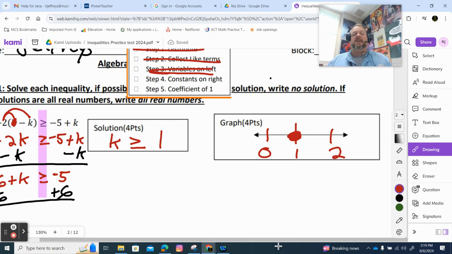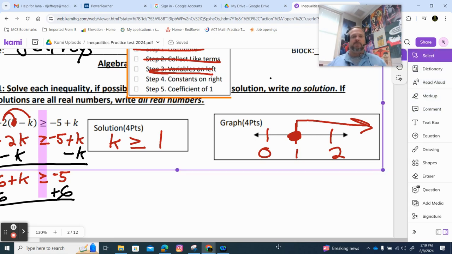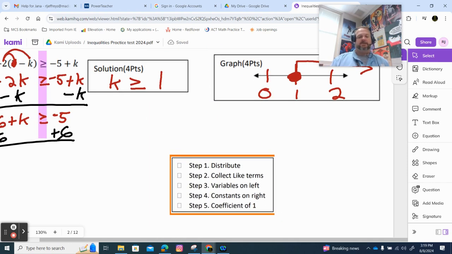The alligator is eating the K. That means it's the unknown stuff, and it's bigger than the 1. That means it's going to go this way, because that's where all the numbers are bigger than the 1, because K is greater than. That's how we know to go that way. It's not a secret.